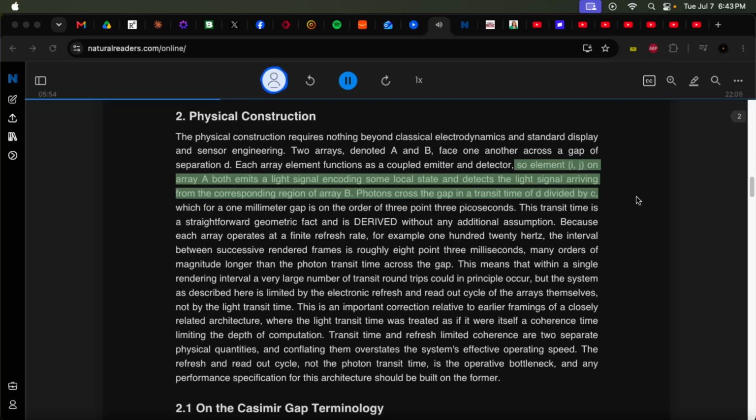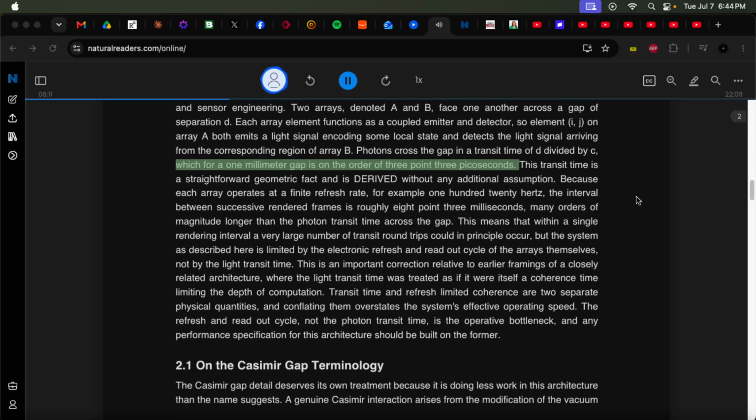So an element on array A both emits a light signal encoding some local state and detects the light signal arriving from the corresponding region of array B. Photons cross the gap in a transit time of d divided by c, which for a 1 mm gap is on the order of 3.3 picoseconds. This transit time is a straightforward geometric fact and is derived without any additional assumption.